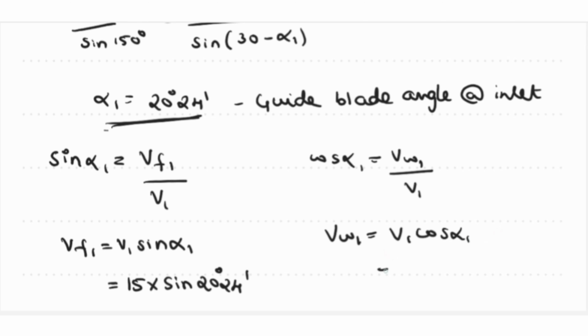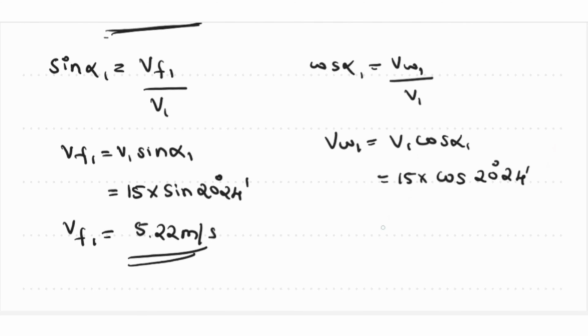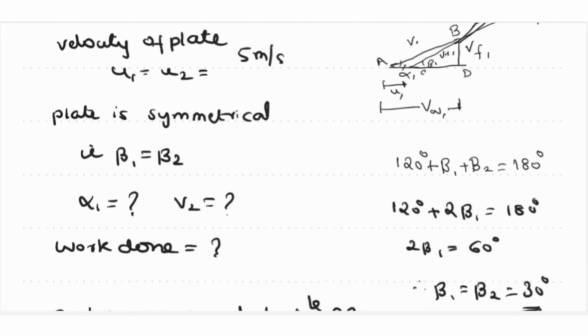So that is V1 is 15 into cos of 20 degrees 24 minutes. So you have to substitute and calculate it. So VW1 will be equal to 14.05 meter per second.